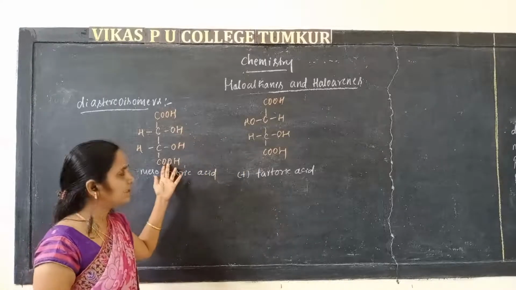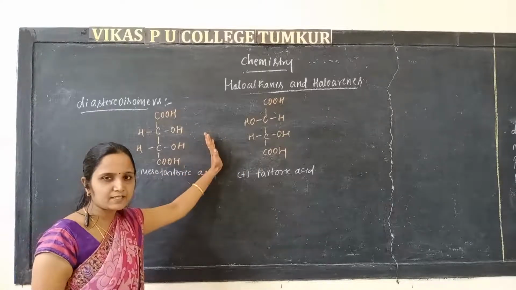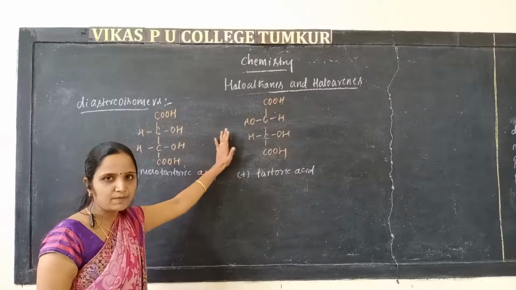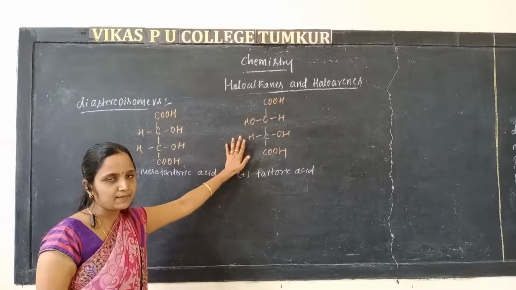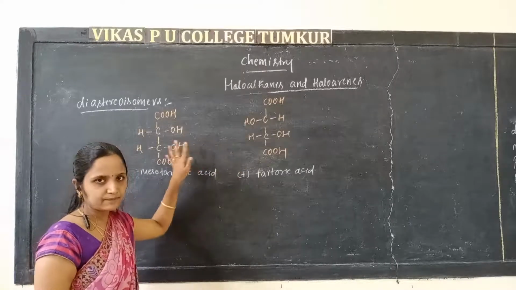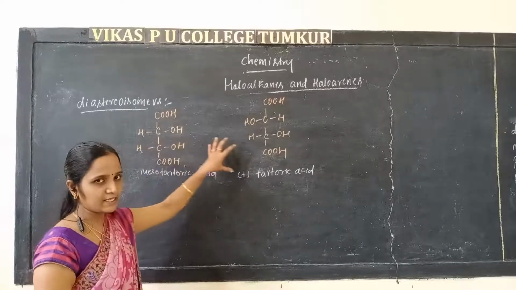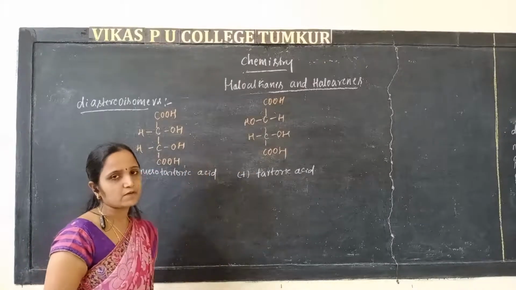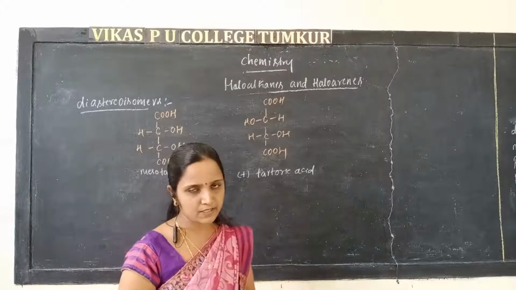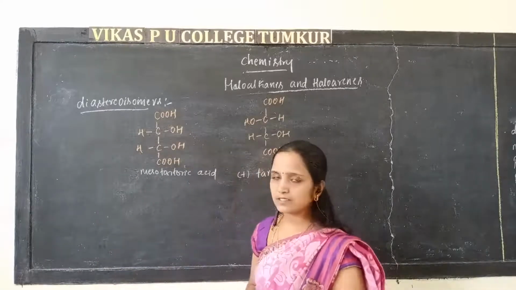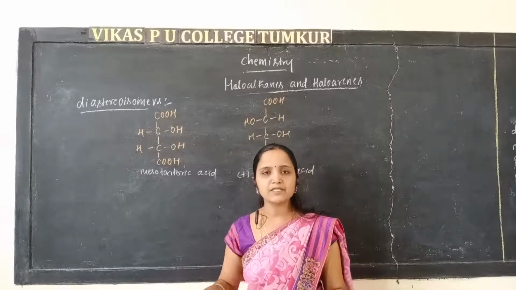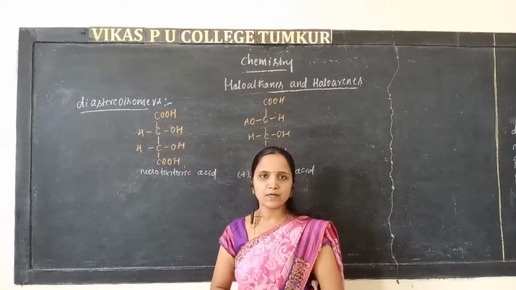You can see that we are not finding any object and mirror image relation between these two. Therefore, this pair of stereoisomers we call diastereoisomers.